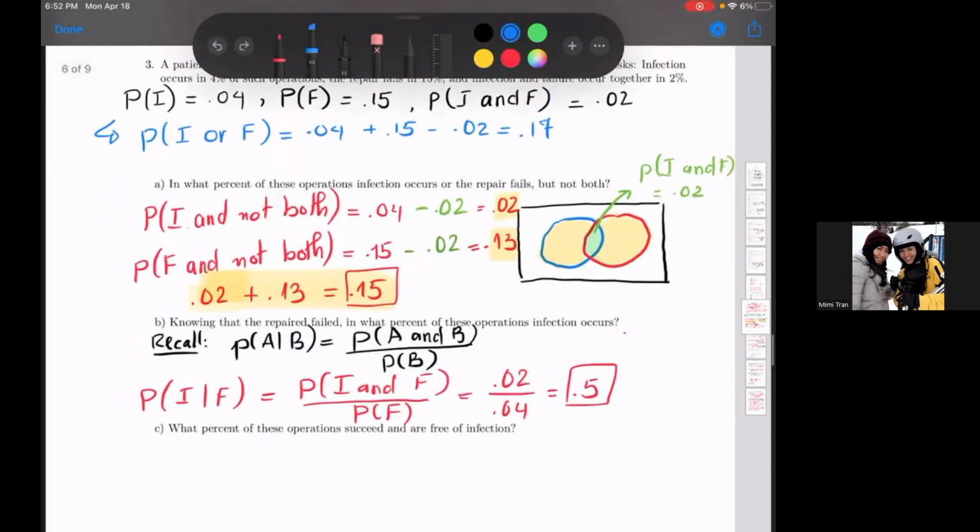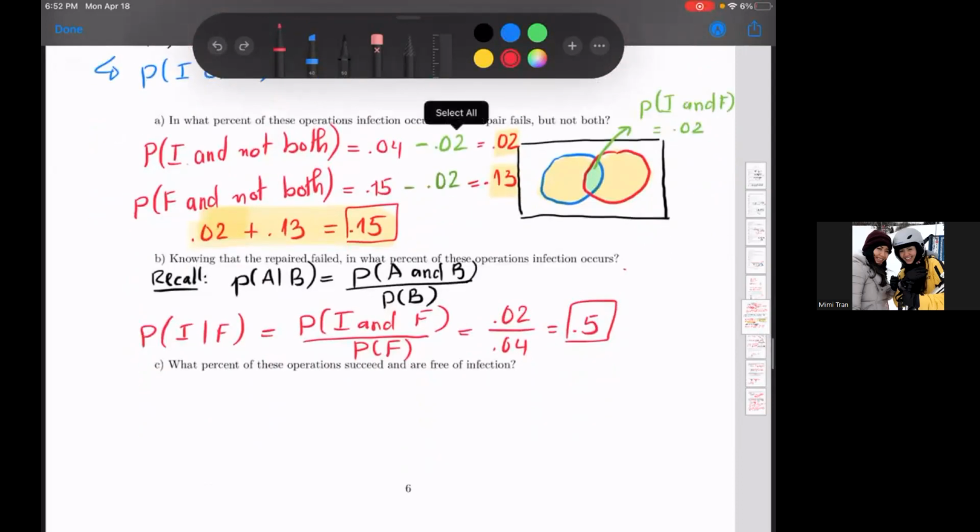Okay, let me see. All right, so let me do it like this. So we want P of succeed and free of infection. I'm gonna put in order, free of I and succeed.